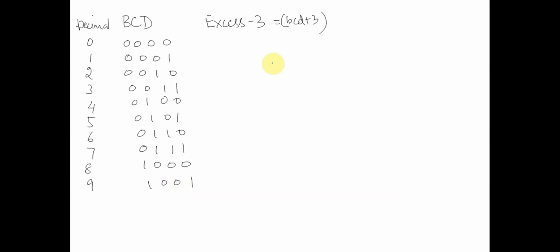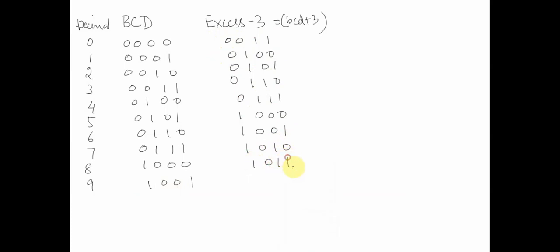My XS3 would be plus 3, right? So this would become 0011, 0100, 0101, 0110, and so on. This will be 8, this will be 9, this will be 10, which is A, this is B, and this is C.